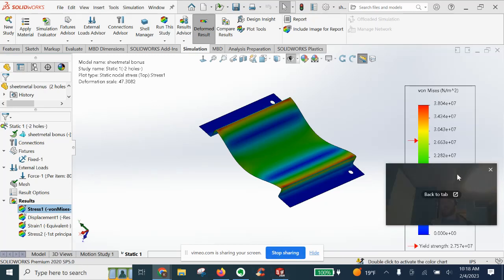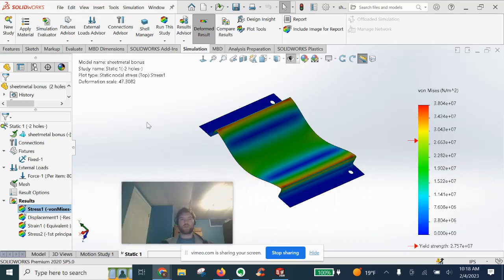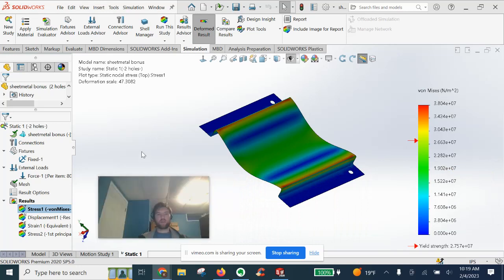So, as I was mentioning, SolidWorks simulation should be just one testing method to hypothesize your results and validate your results of whatever problem you're presented with. This simulation is exactly that. It's just a simulation.